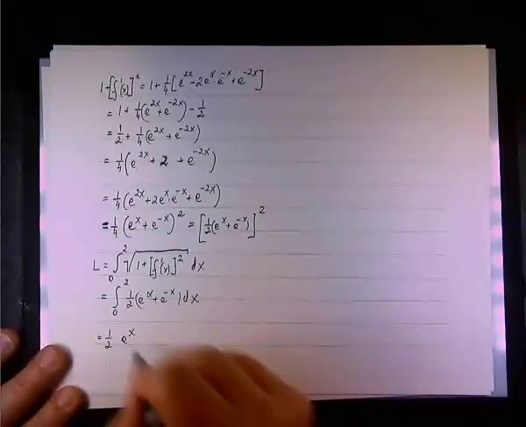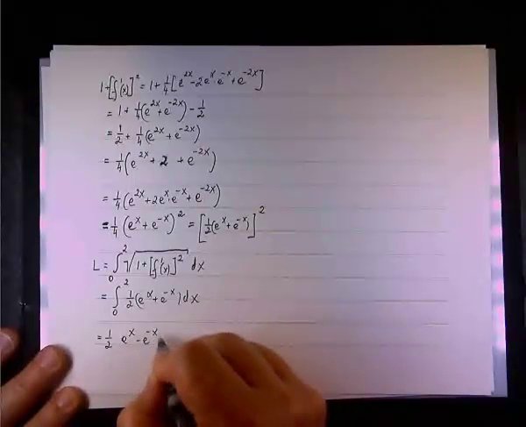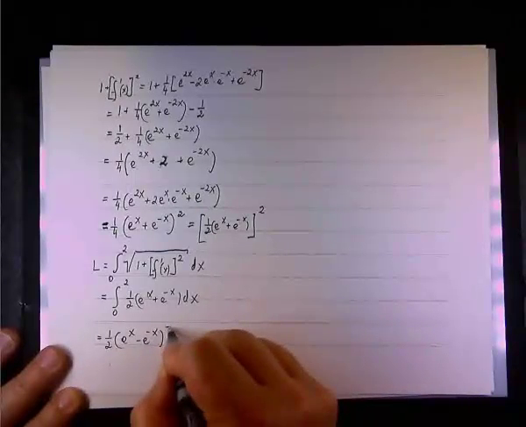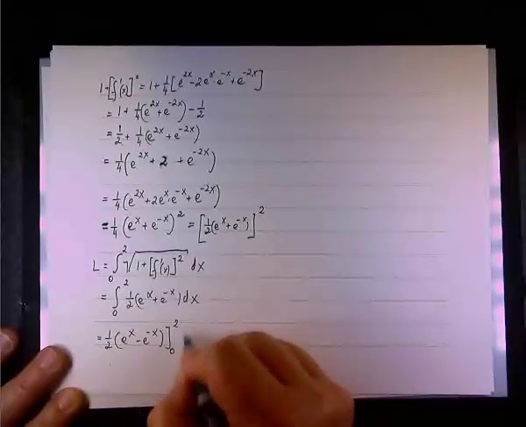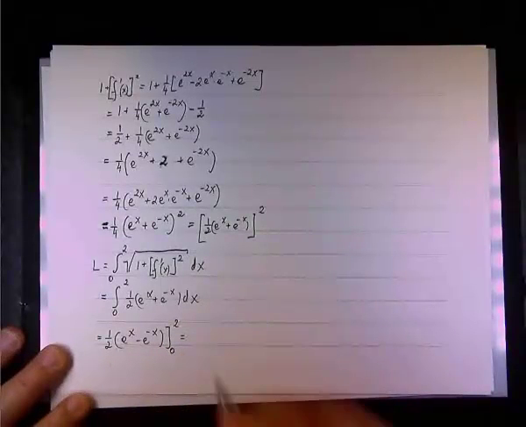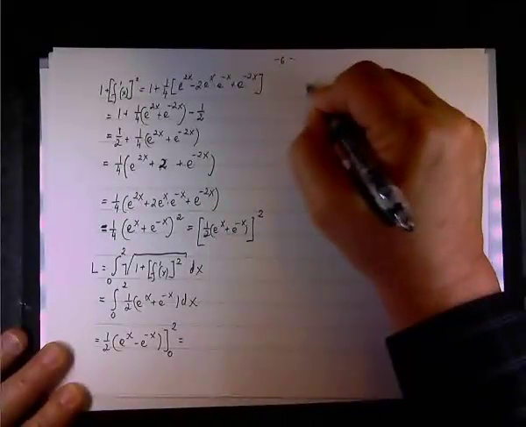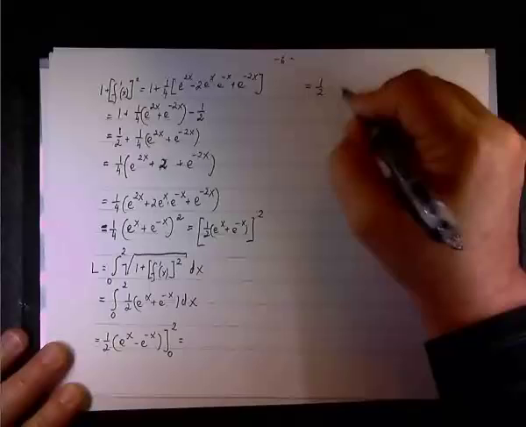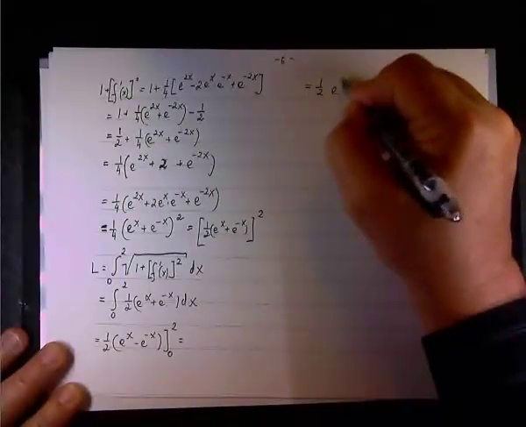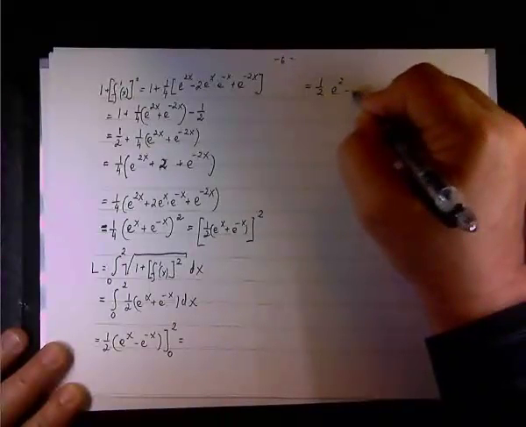And now this is easy to integrate. The antiderivative of e to the x is e to the x, and the antiderivative of e to the negative x is negative e to the negative x. We evaluate from 0 to 2.